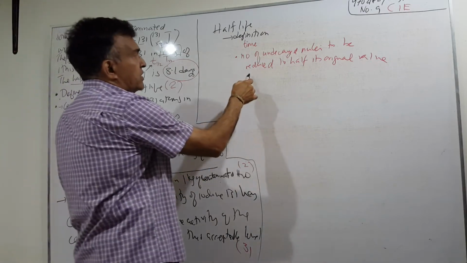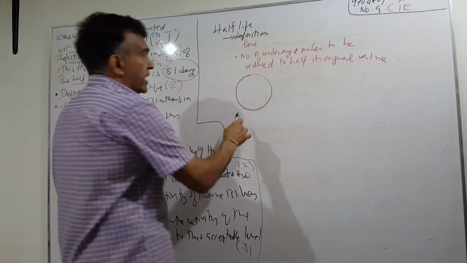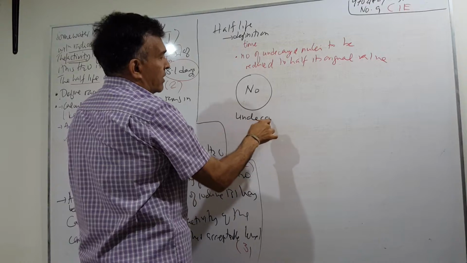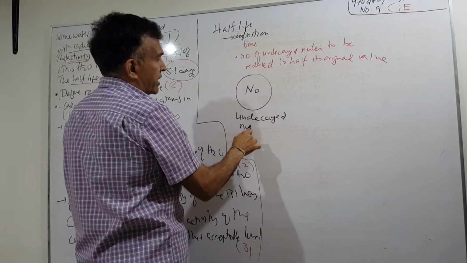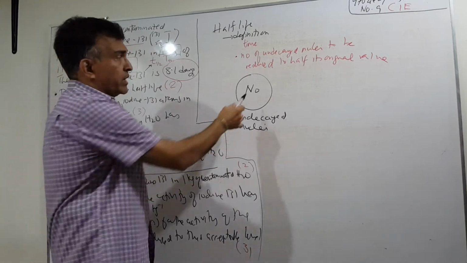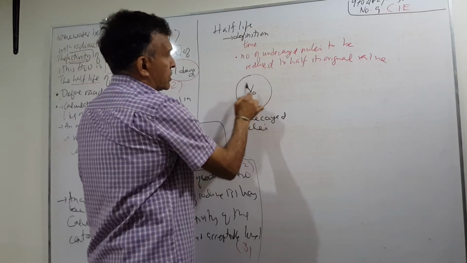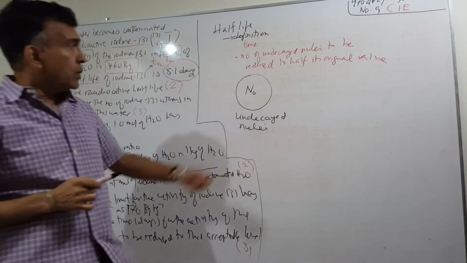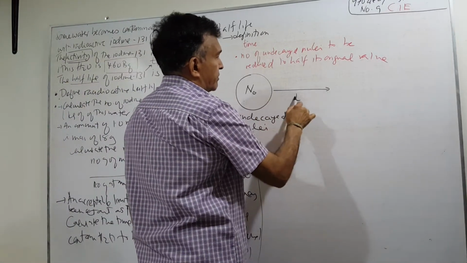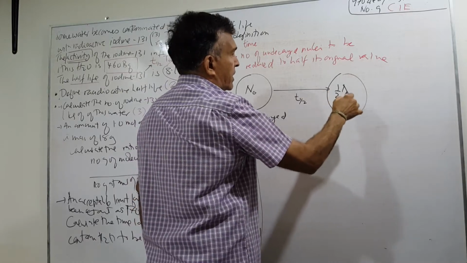Let's start with some radioactive nuclide, and N0 is the number of undecayed nuclei, the initial number of nuclei that we have. That's why we call it N0. Then the number of undecayed nuclei becomes a half N0.